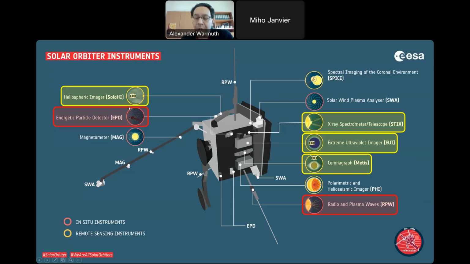And finally, the particles need to travel through interplanetary space and reach the spacecraft, so we need to characterize the conditions in interplanetary space. For that, we need data on the solar wind from SWA, and also on the interplanetary magnetic field from MAG. Basically, we're using 8 of Solar Orbiter's 10 instruments.